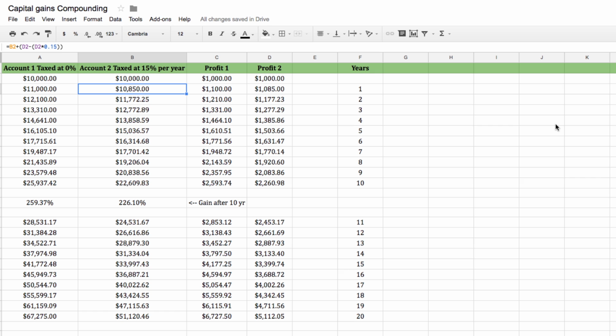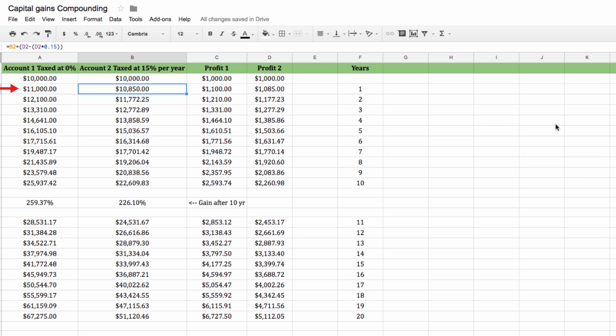Let's take two accounts worth $10,000 and they both make interest of 10%. The first account is not going to realize their gains and therefore won't be taxed at capital gains, but the second account is going to realize their long-term gains and then be taxed at the capital gains tax rate of 15%. So after a year, the first $10,000 account makes 10%, so now the account is worth $11,000.